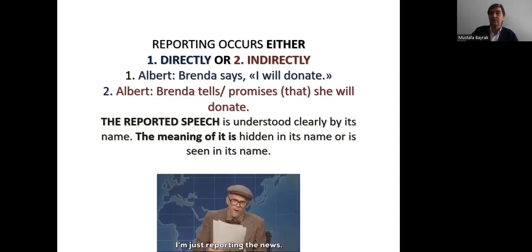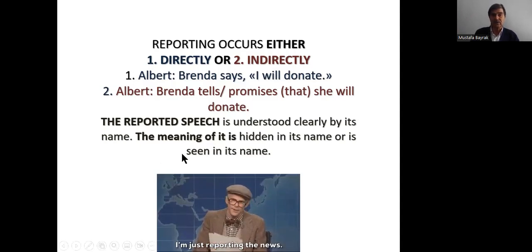Of course, there are some differences, and they really matter. They are really important. We will see them one by one. For example, these are quotation marks, and we don't see quotation marks in indirect speech, as a starting point. And there are many other changes that we will see one by one.